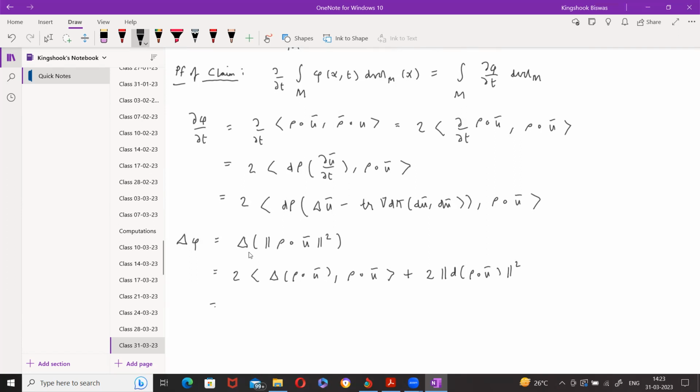So that follows from composition formula number 2, right? So that's going to be the trace of nabla d rho composed with du bar, right? Plus d rho of Laplacian u bar, right?